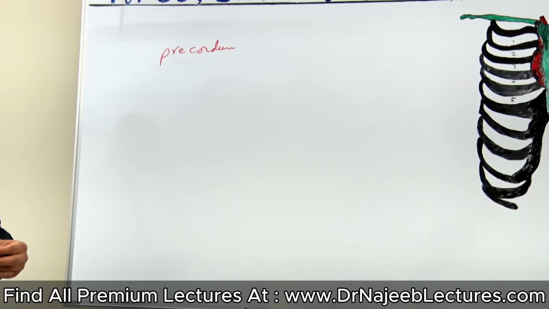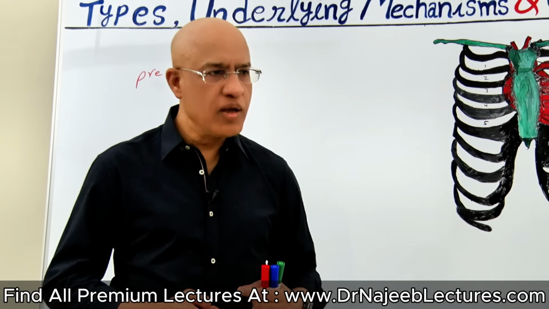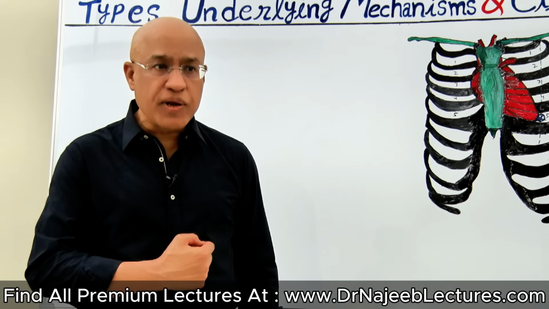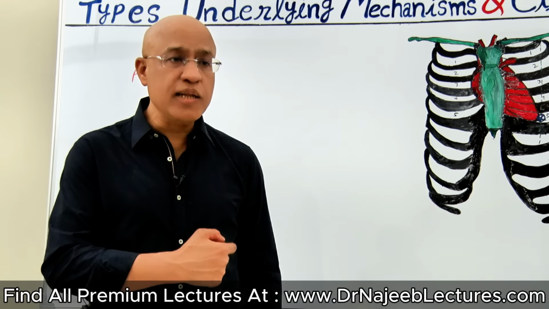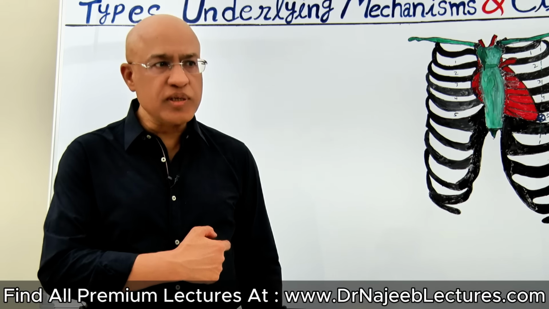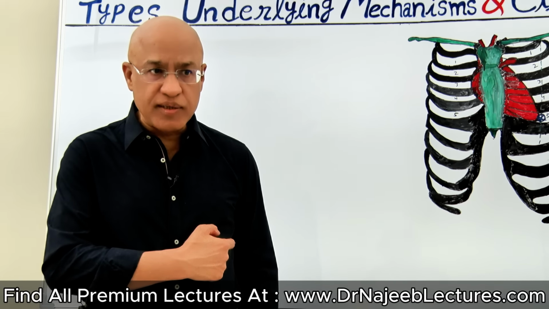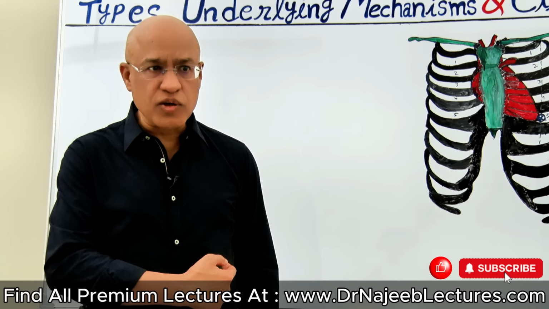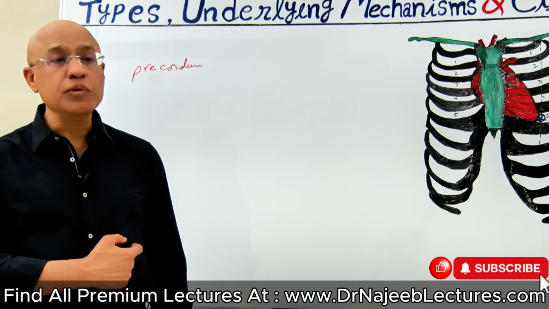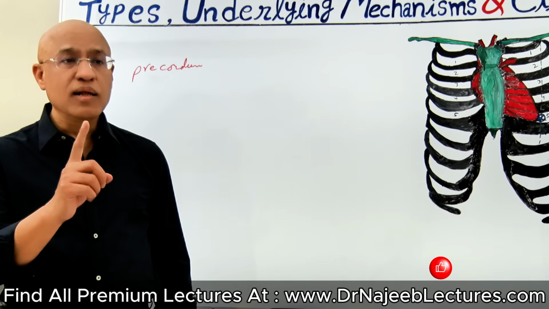Now, let me define it again. If someone asks you what is apex beat, you will say, on inspection or palpation of the precordium, the lowermost and outermost area where a definite cardiac impulse can be inspected or palpated is the apex beat, which should normally be in the fifth intercostal space at the intersection with the mid-clavicular line, and it shouldn't be more than 3 centimeter in area.